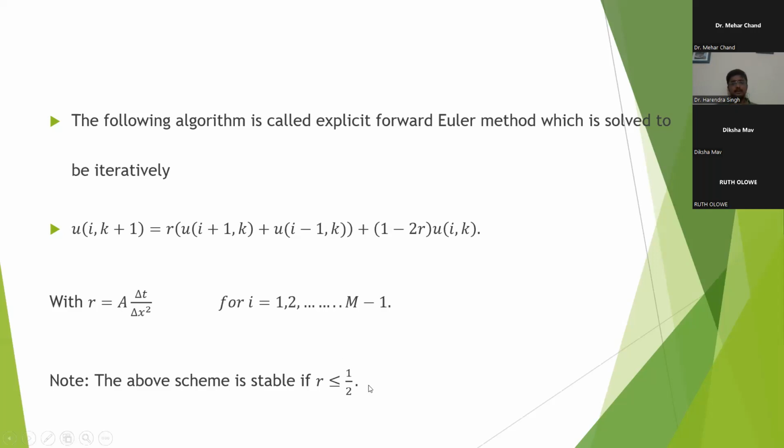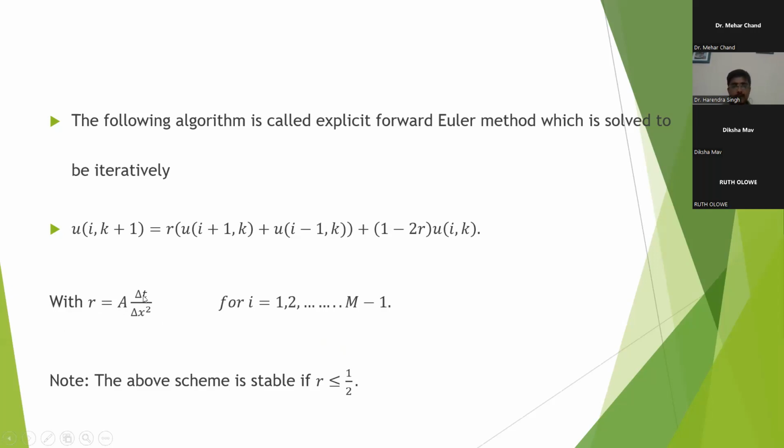If r is less than or equal to 1/2, that is, because m and n, the partition along the x-axis and the partition along the t-axis, depend on us, how small or how large a partition we are taking along the space variable and along the time variable, you should be careful about the selection of r.